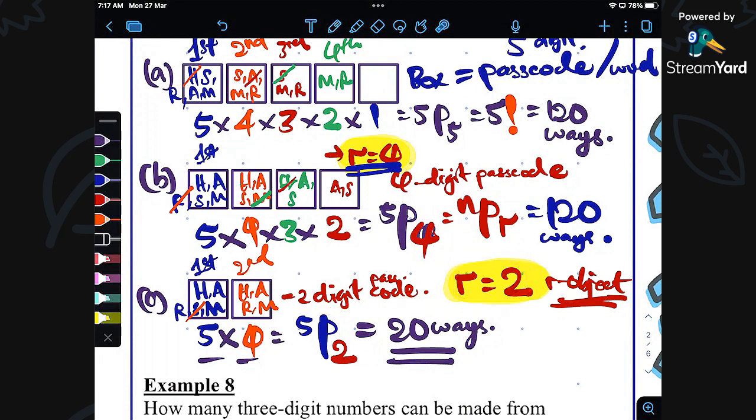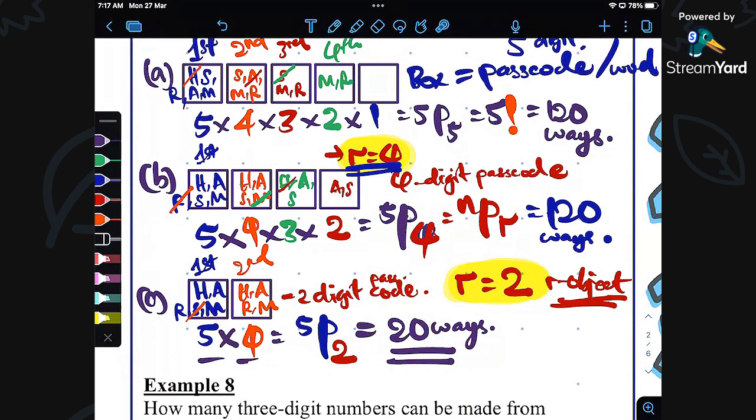And so the way we understand is 5 times 4 only. It's not about we do not want to; we can also write it down in permutation form, which is NPR, iaitu untuk soalan ini it is 5P2, because the 2 is the 2 digit code that they want to create. And so there are 20 ways only.